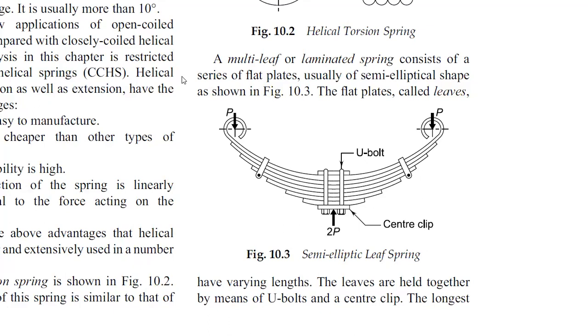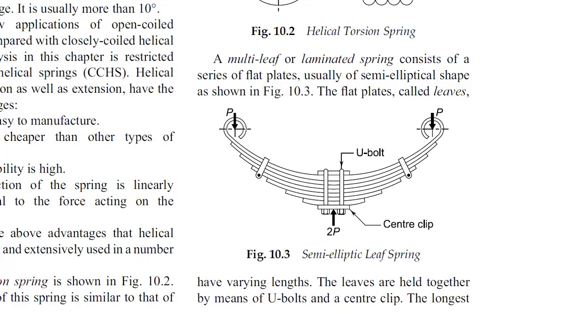Have you seen a multi-leaf spring, laminated spring, or semi-elliptic leaf spring anywhere? Yeah, very good answers. Javin says truck, Hetav says truck, Neem says truck, Dilip says truck, Munshi says car. Very good. So all of you have given the correct answer. You have seen this in the automobile, right?